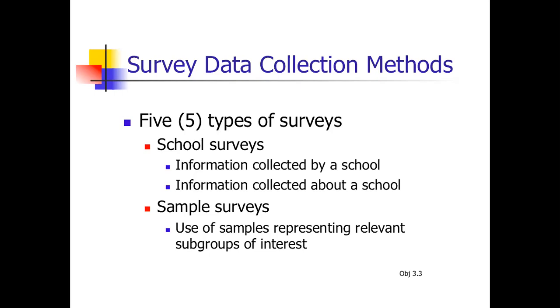There are 5 types of surveys. School surveys involve the collection of information at the school level, school-wide research. If we say school, that means we include all the people or stakeholders of the school, from the principal, the administrative staff, the children or students, and also the teachers.